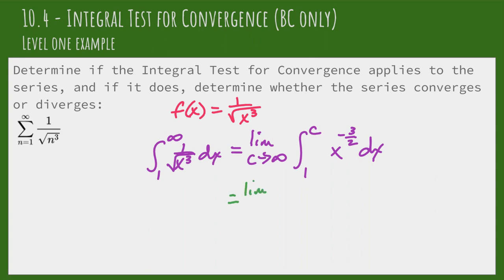So this is going to be the limit as c approaches infinity of, if we increase the power by 1, that's going to be x to the negative 1/2, dividing by the new power, that's going to be times negative 2.